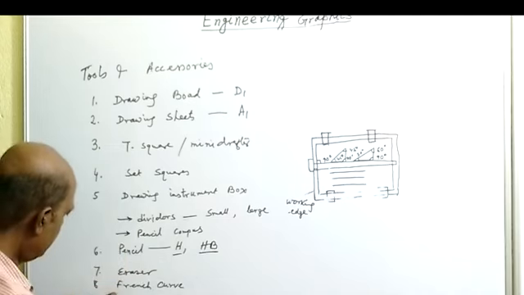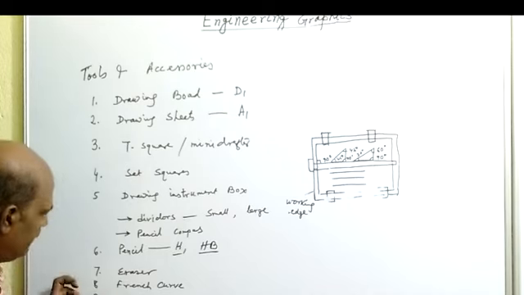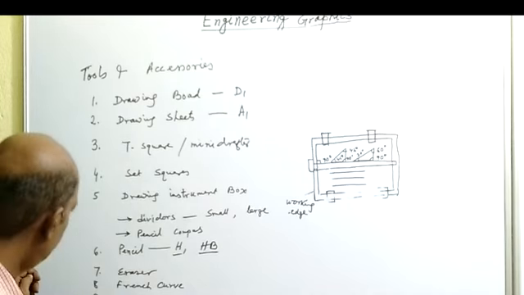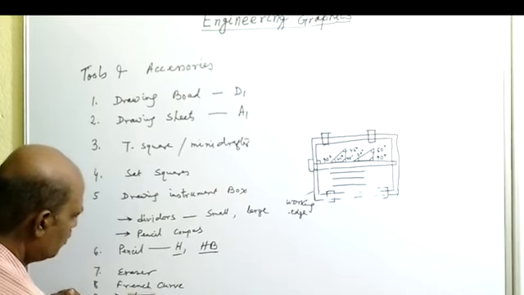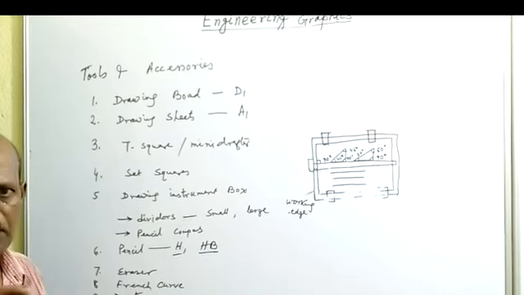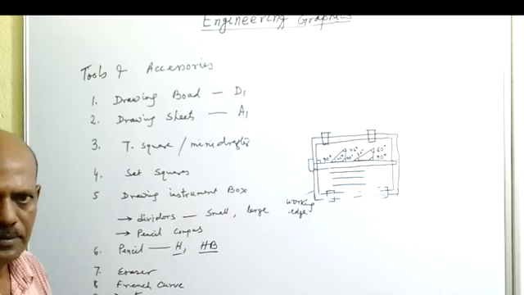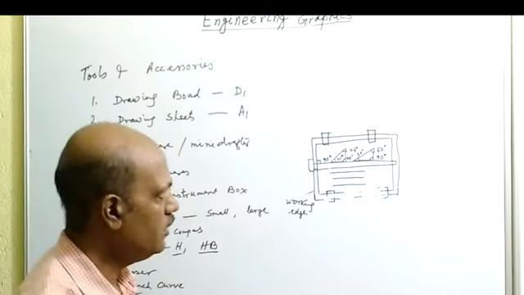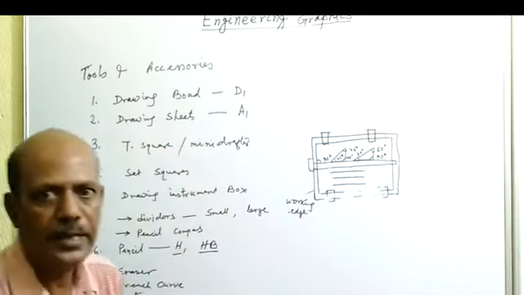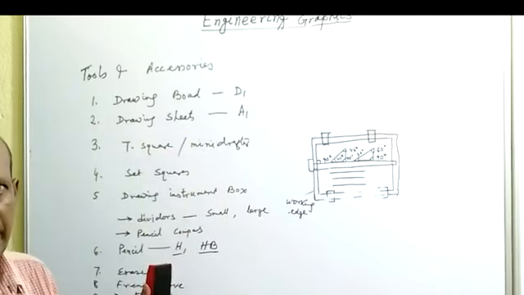Okay, next we require the duster, to clean the drawing sheet as well as drawing documents before the start of drawing. So these are the various tools which are used for engineering graphics to make a neat and clean drawing.